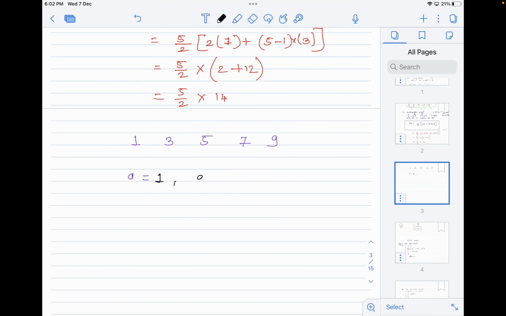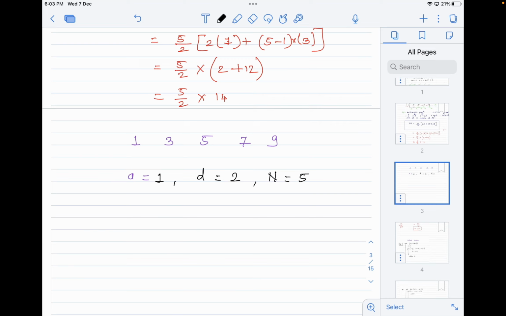Tell me the difference in between. You can see the difference, right? 1 to 3 is a difference of 2, 3 to 5 is a difference of 2, 5 to 7 is 2, and 7 to 9 is also 2. So the common difference will be 2. And n is 1, 2, 3, 4, 5.